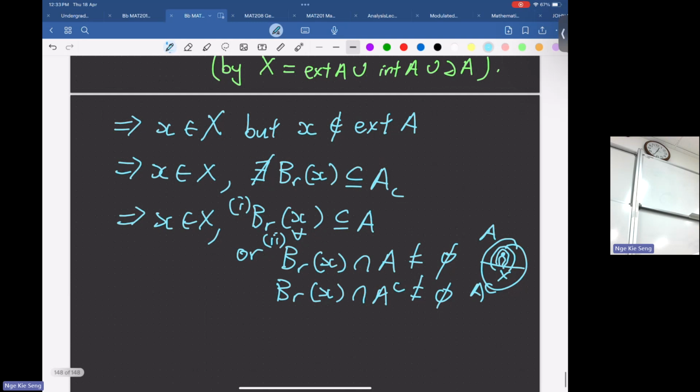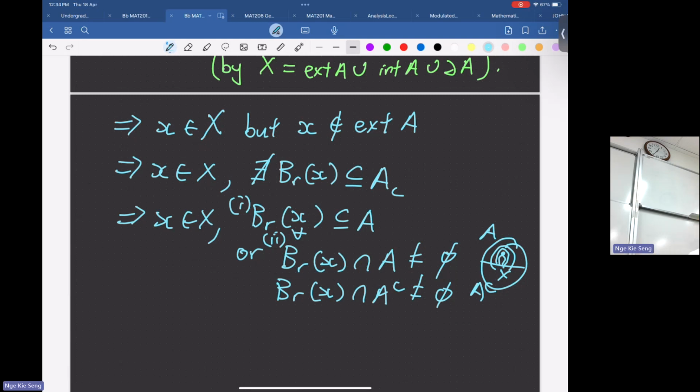So I mean, the first case includes the isolated point, right? Yeah, I think the first case includes the isolated point. Isolated point just says that there exists one ball such that it doesn't include any other point. I think the first case included.